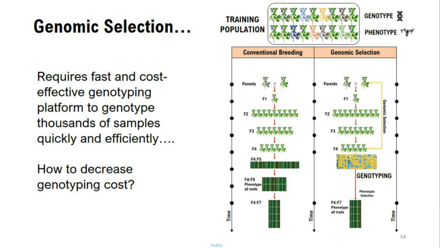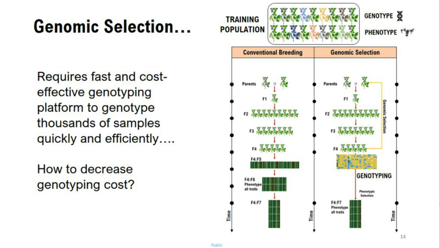run through selection. But in genomic selection, at first we start with a training population. It's a diverse population that also includes the parental lines. We genotype and phenotype them extensively and use this data to train a statistical model.